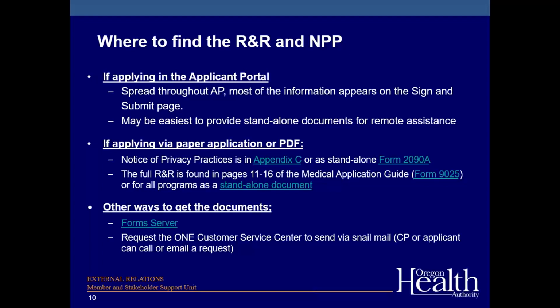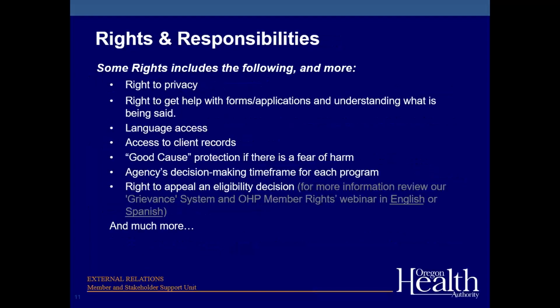You can use that Oregon.benefits email, which is for community partners and for members. So those are some of the ways that we have devised that you can get these documents to your client and find them.